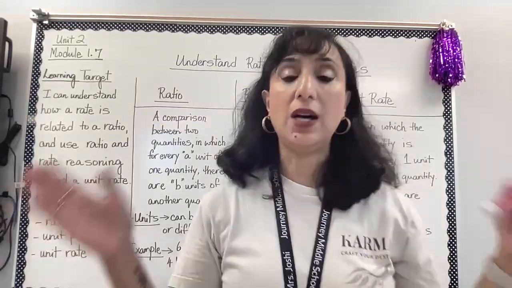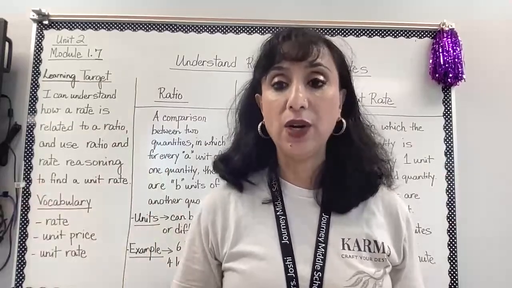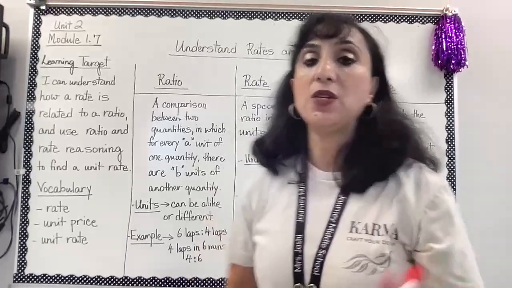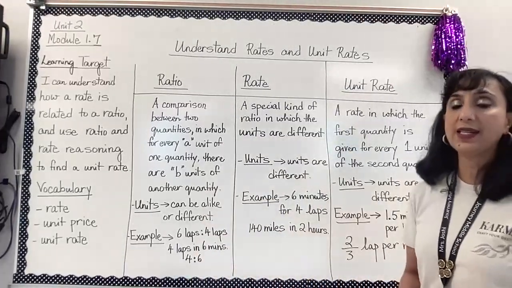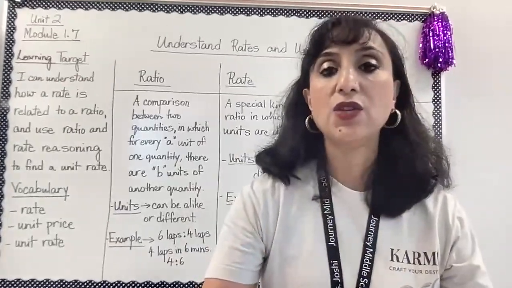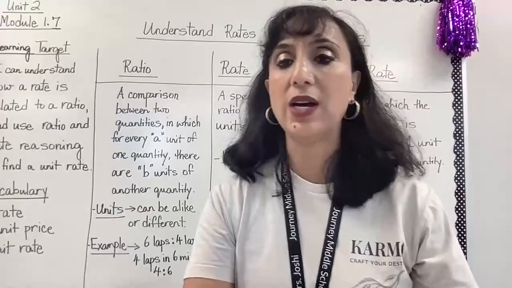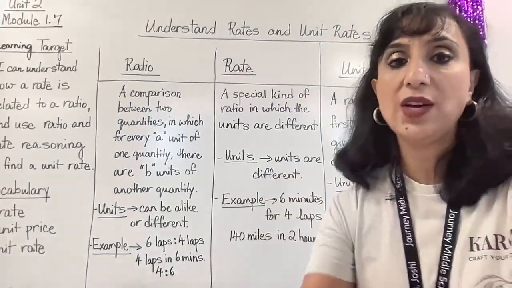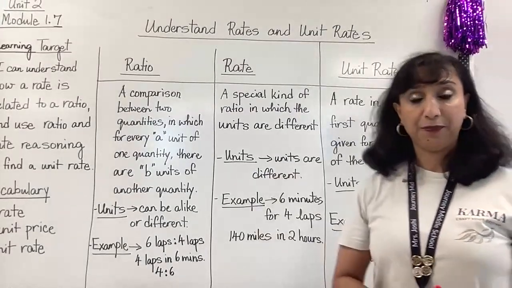So I've made a table already on the board for you to see a difference between a ratio, a rate, and a unit rate. So let's look at this really quick so that we understand what these three are. All right, so as you can see, what is a ratio?